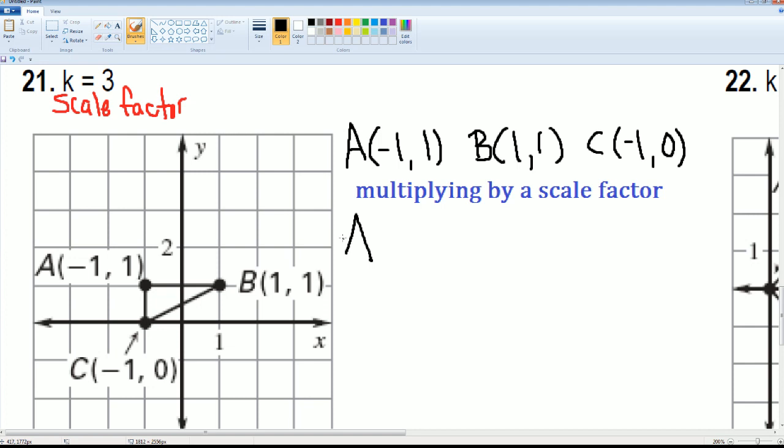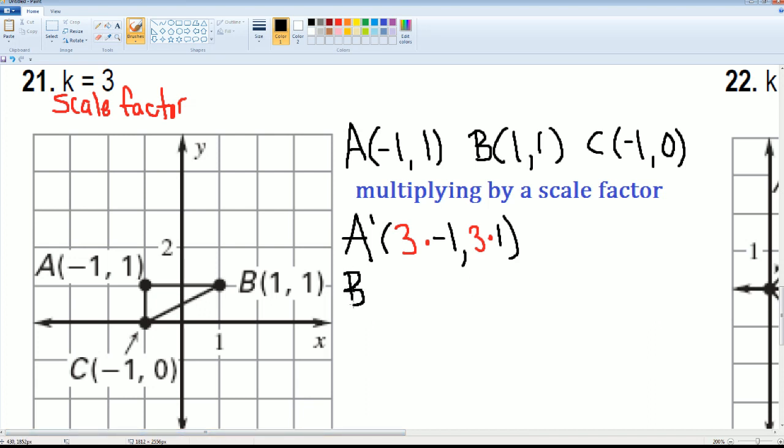A prime is going to be 3 times the original point, which is -1, then the 3 is going to be multiplied to the 1 here. I don't know if there's enough room, so let me just write it under it.